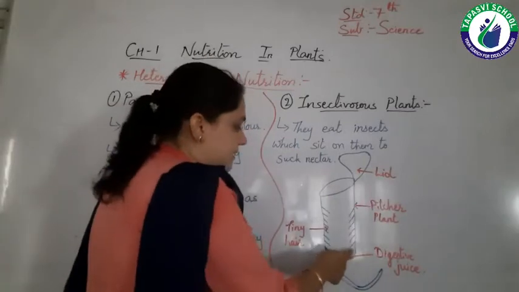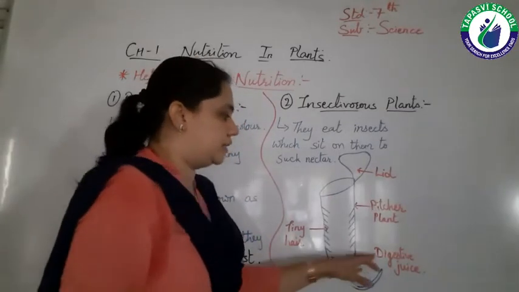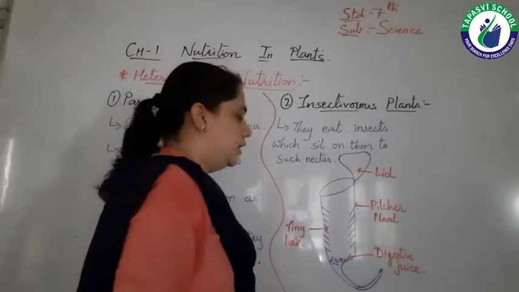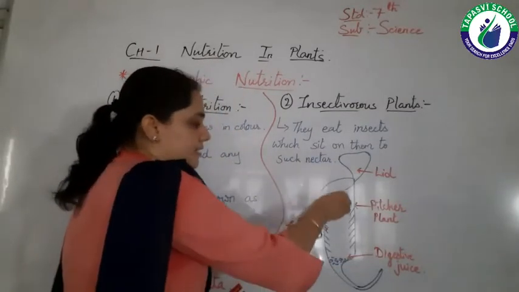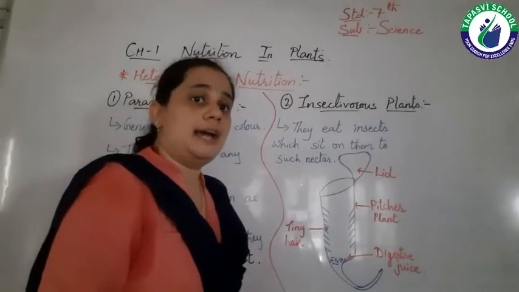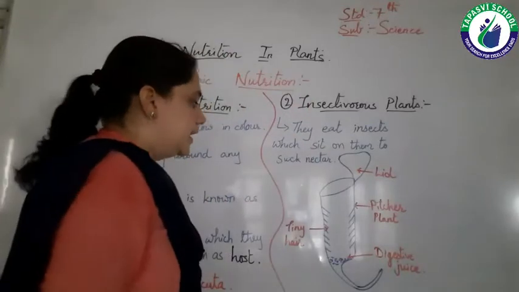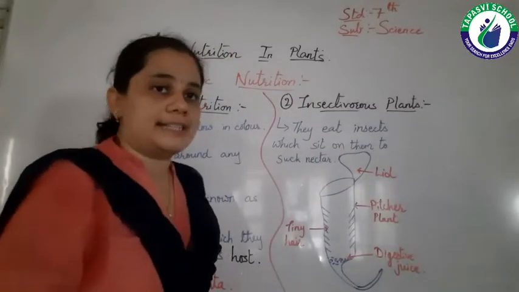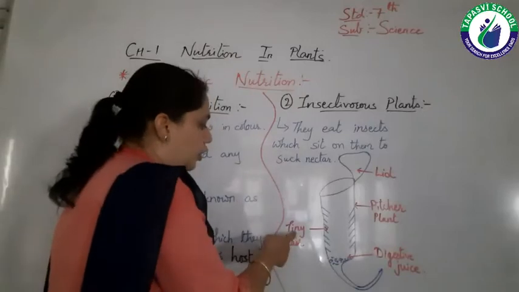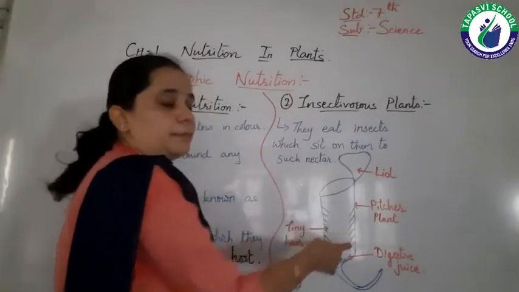Now as you know, at the end of the pitcher there is digestive juice, so this insect falls in this digestive juice. If the insect tries to escape, it cannot escape because of tiny hair present on the walls of the pitcher.